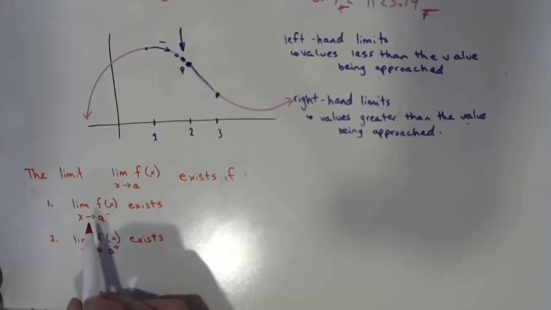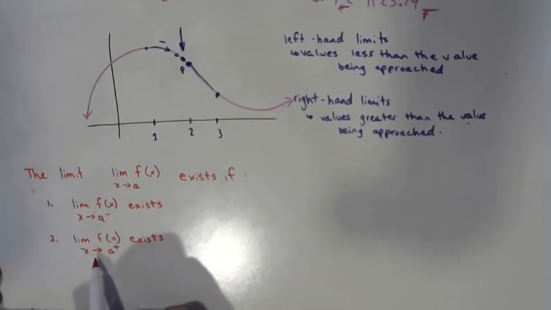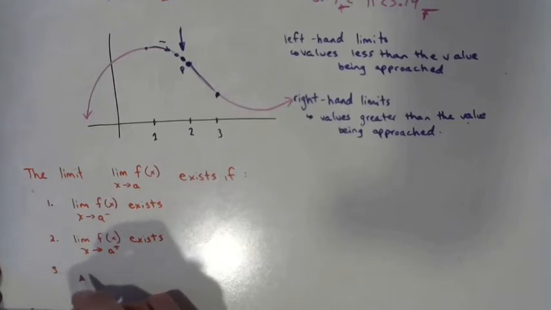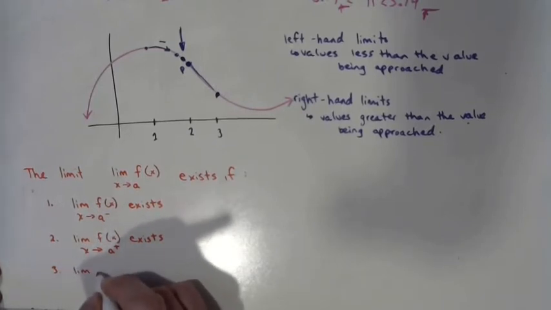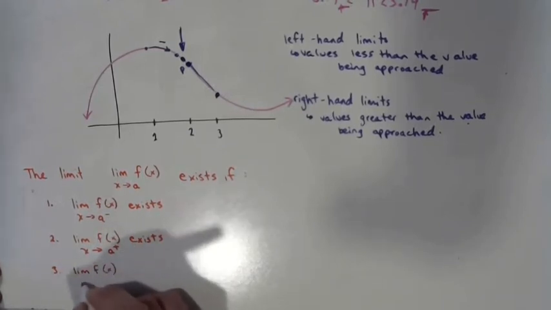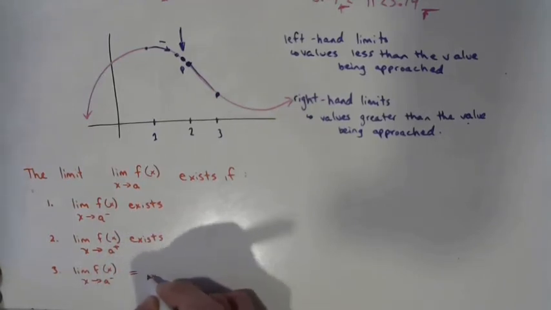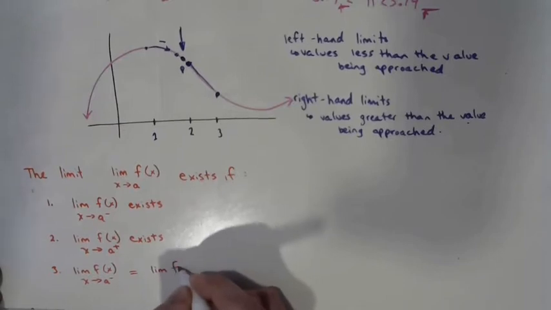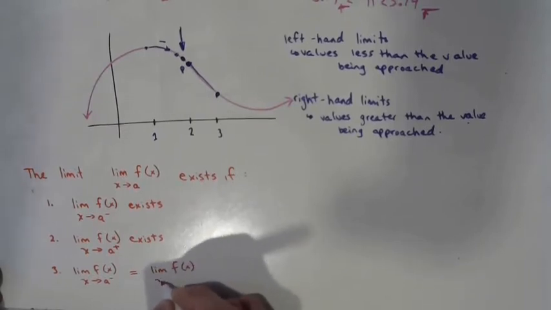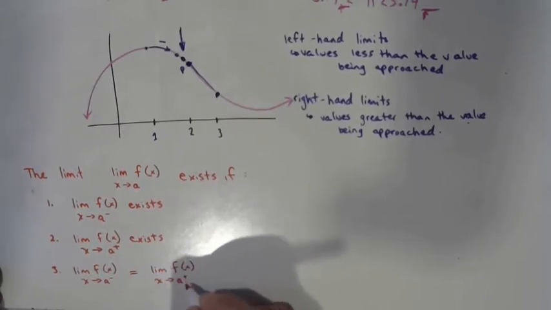And these two right here are what we call our left-hand limit and our right-hand limit. And the third criterion is that these two limits are the same. So the limit of f of x as x approaches a from the left is equal to the limit of f of x as x approaches a from the right.